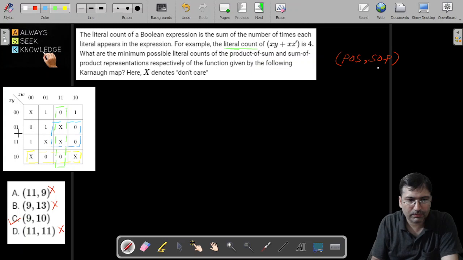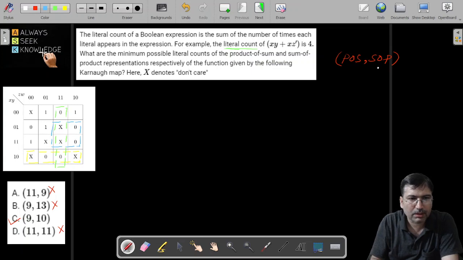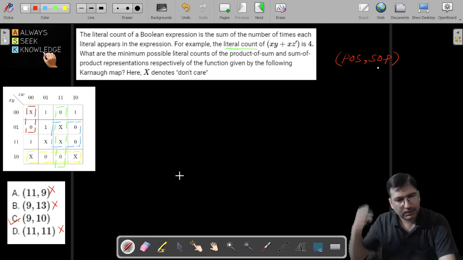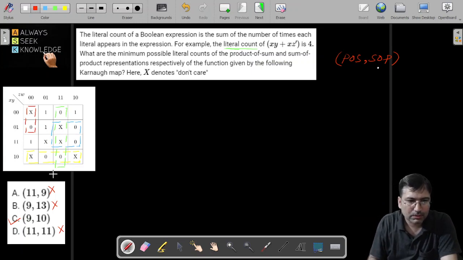Or we can form this group with this 0, right? So in either way we can form. Don't care can be treated as 0 as well, you know that. So all the zeros you can group like this.